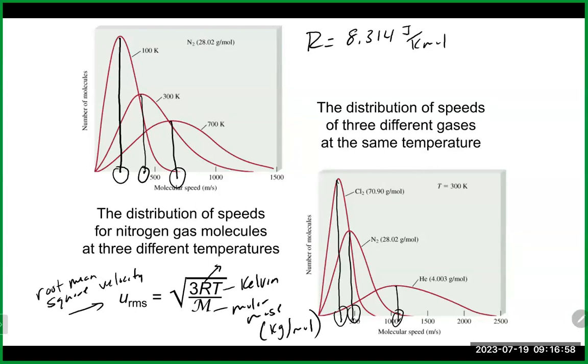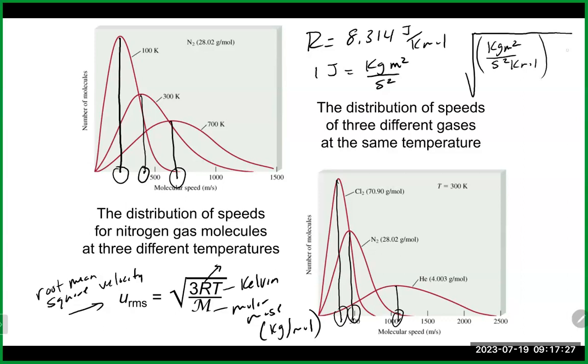And the reason it is a joule is that a joule is equal to a kilogram meter squared per second squared. So it is actually this version of the gas constant that's used for this equation. If we look at the units, for R we have kilograms, meter squared, second squared, Kelvin and mole, and we use our temperature in Kelvin, and our molar mass in kilograms per mole.